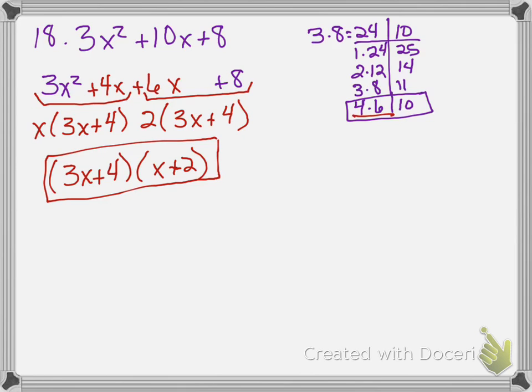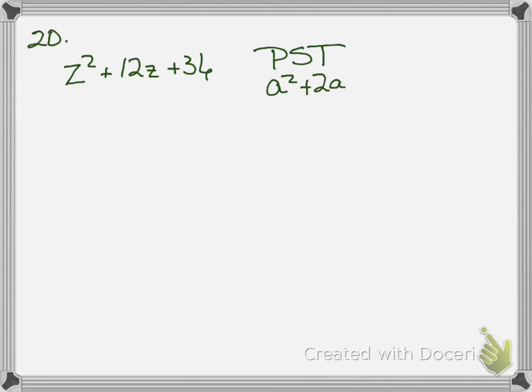Okay, let's go on to the next one. Number 20. Alright, now we're looking at a perfect square trinomial in this one. Remember, that is a squared plus 2ab plus b squared.